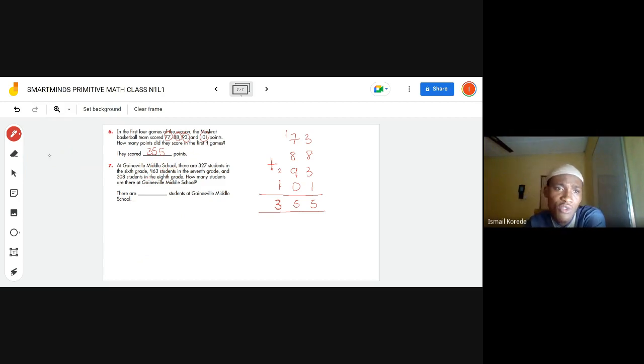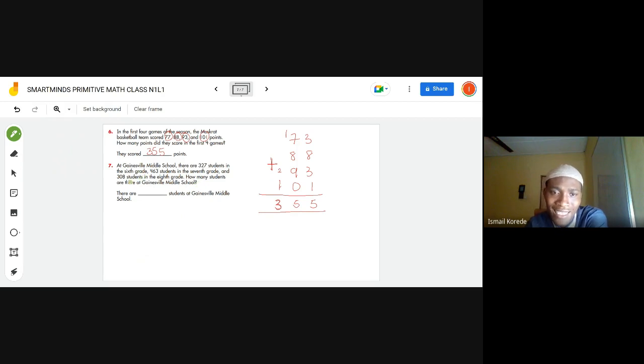So the last example for the day, at Gainesville Middle School, there are 327 students in the 6th grade, 463 students in the 7th grade, and 308 students in the 8th grade. How many students are there at Gainesville Middle School?